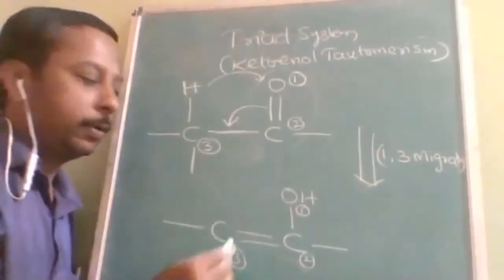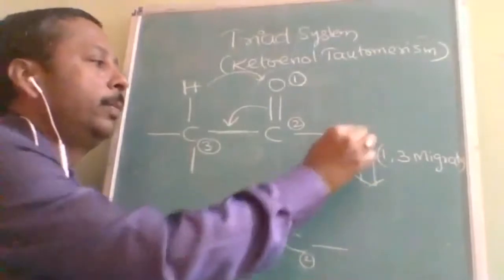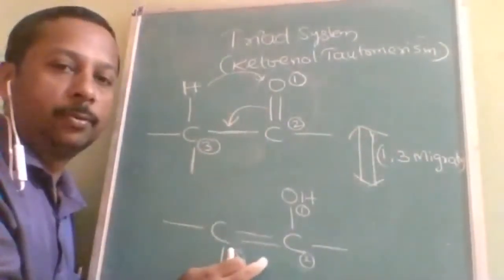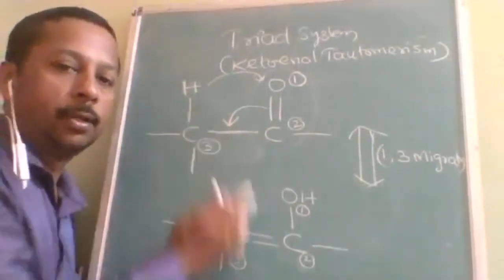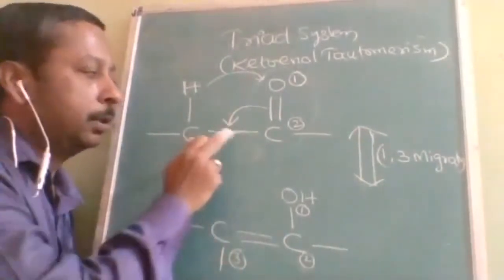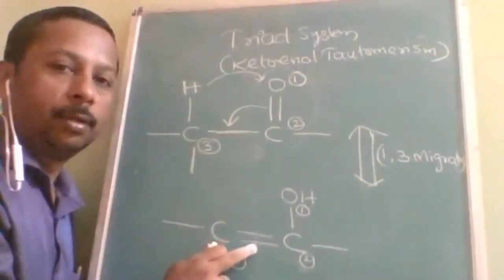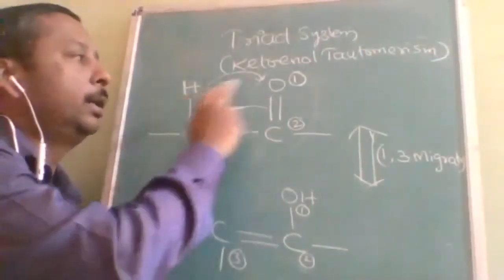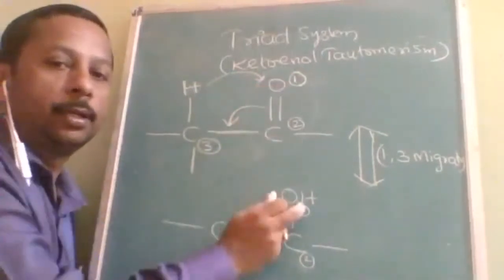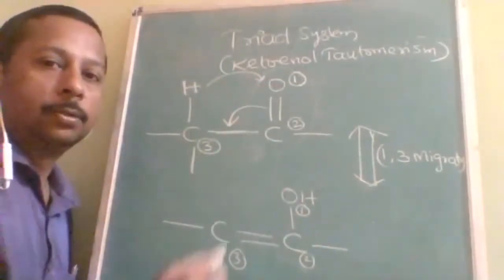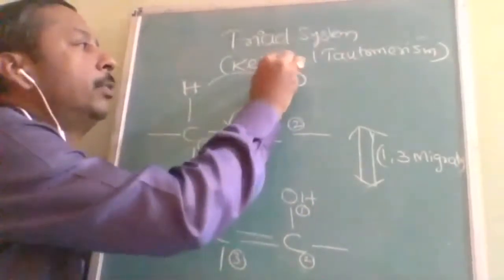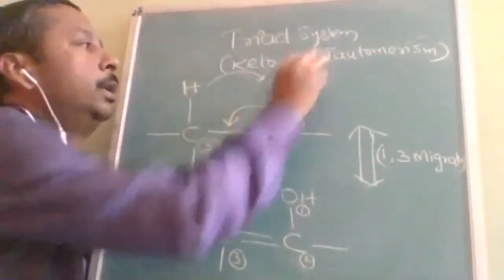Again, they both will be in dynamic equilibrium. It is not that always this will be in this form only. So this is how it results. This single bond converted into double bond converted into single bond, and the ketone, the carbonyl group, is converted to alcohol. Before the reaction, it was in keto form.